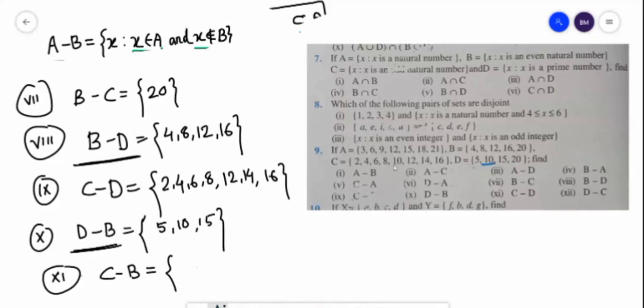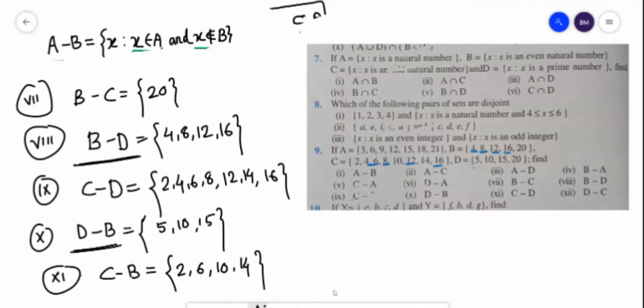Now the C and B common element we have to find: 4, 8, 12, 16. These are the common elements. So the answer will be the remaining elements of C, that is 2, 6, 10, 14. These 4 elements are in C minus B.